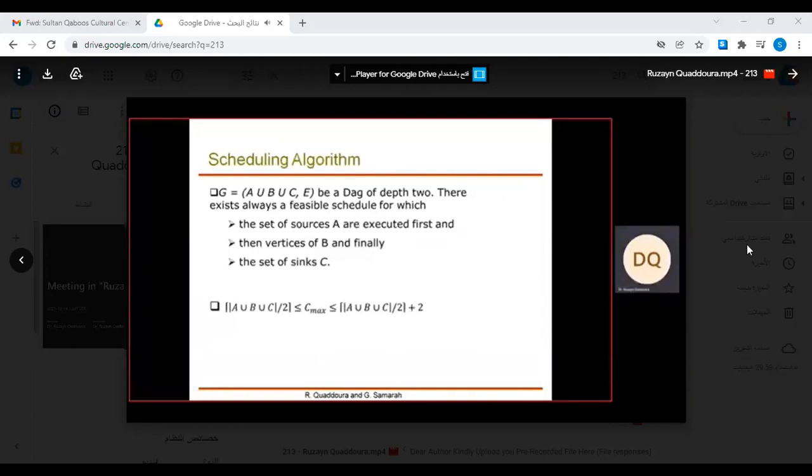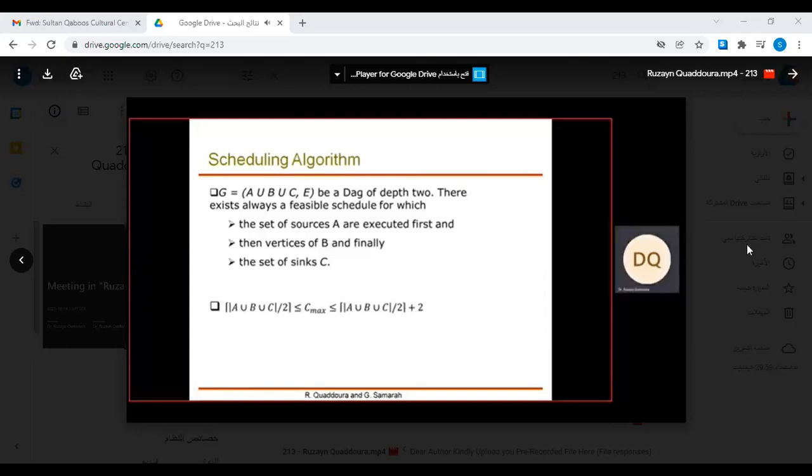The structure of depth 2: we schedule the set of vertices A, then the vertices of B, then the vertices of C. That is, there is always a feasible schedule that satisfies this property.